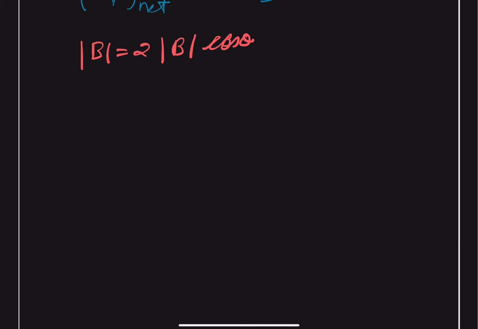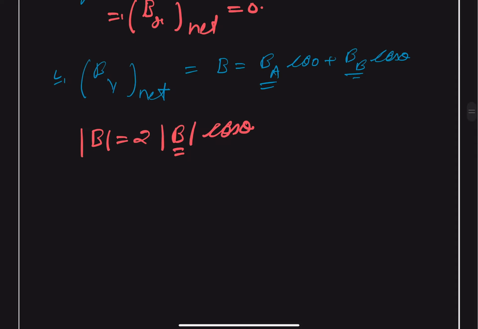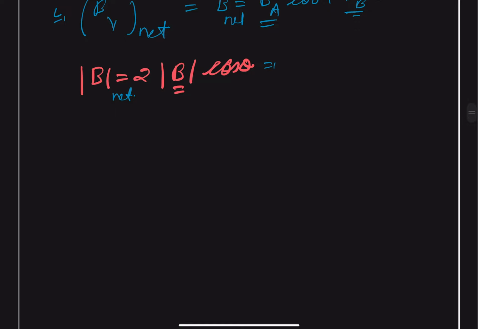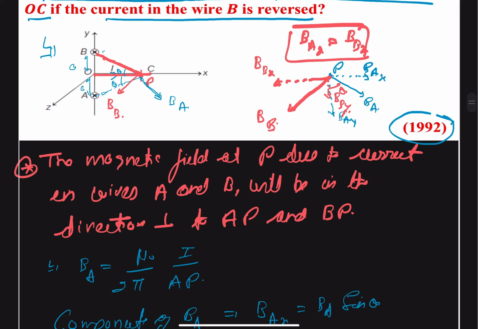And we can substitute the value of this B, and let me make a distinction, otherwise it will create confusion. Let us call this B net. So we can say that our B net will be equal to twice multiplied by mu naught upon 2 pi, and we have current I upon AP, and for angle theta we can say cos theta will be equal to x upon AP.